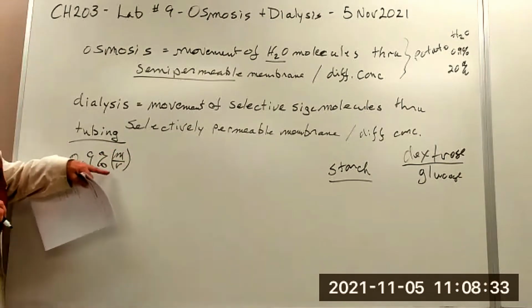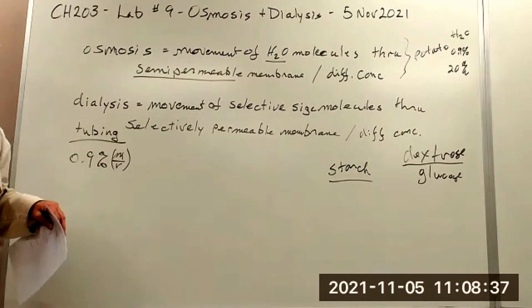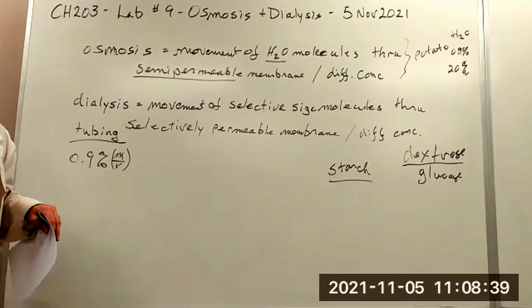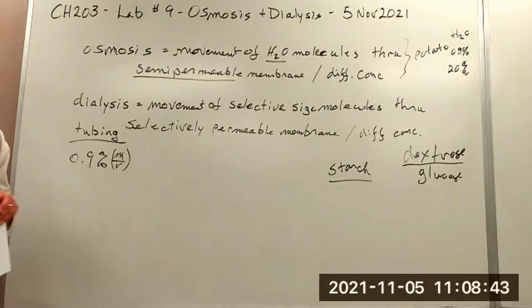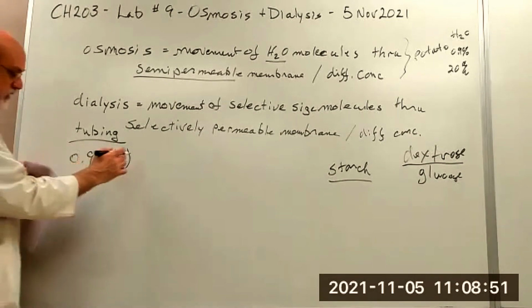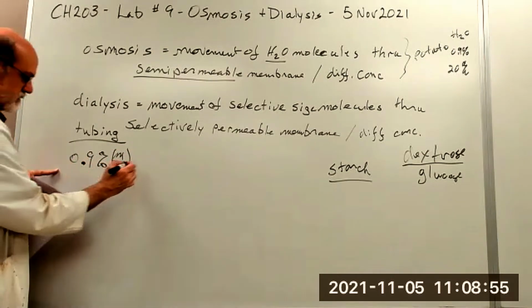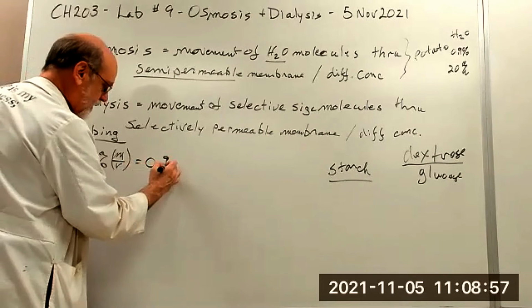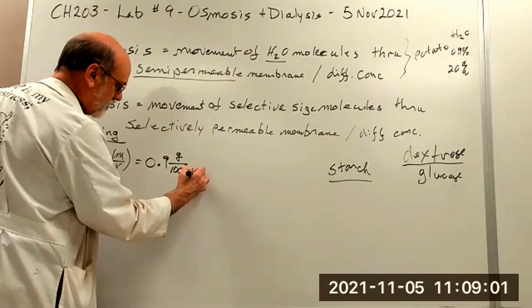So this will be parts per 100, meaning 1 part mass and 100 parts volume. And what's the relationship between mass and volume? Well, water is 1 gram per milliliter, so 1 gram equals 1 milliliter. So mass volume would be 0.9 grams per 100 milliliters.